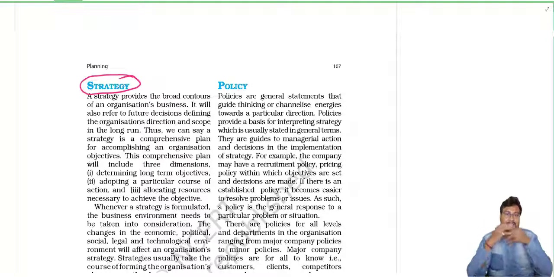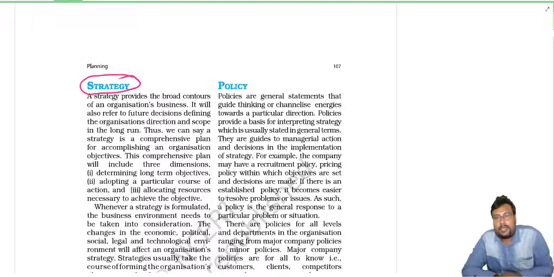Okay. So strategy, example, suppose you understand like this. Strategy is, suppose Pepsi and Coke are two competitive brands. Pepsi comes with an offer in this particular summer: if you purchase our 2-liter bottle, 300 ml will be free. Now if Coke also does not make any strategy, any competitive plan, then Coke's sale will decrease in the market.